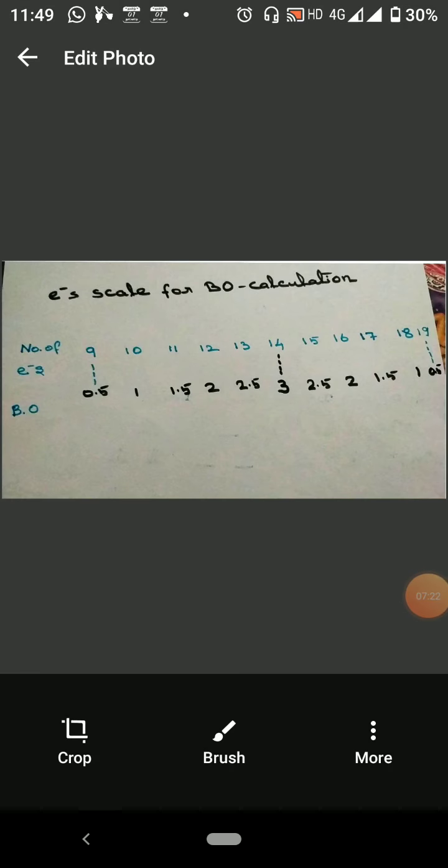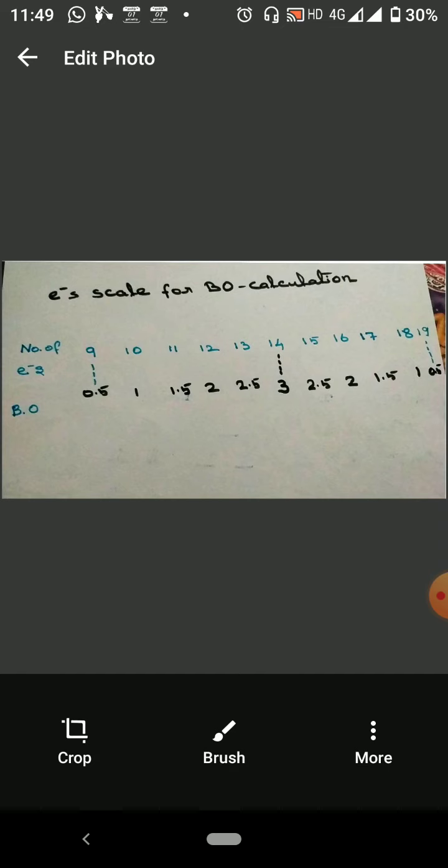Now let us find the easy way to calculate the bond order. Whenever we have a molecule, just remembering its total number of electrons, we can easily predict the bond order. Here 14 is the midpoint of the scale.